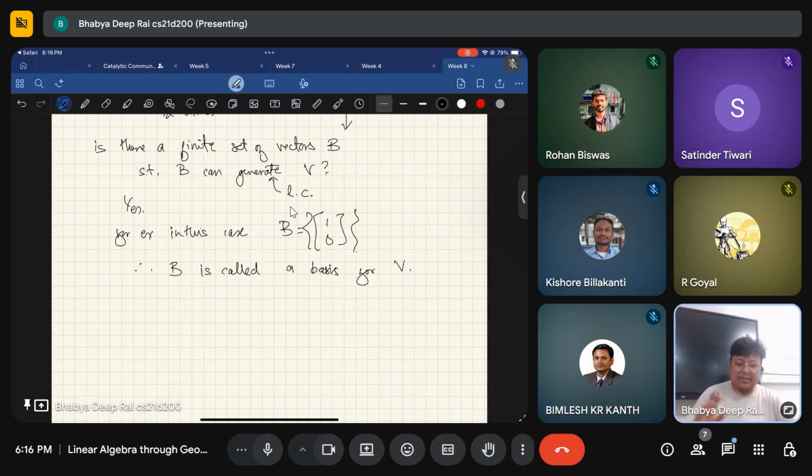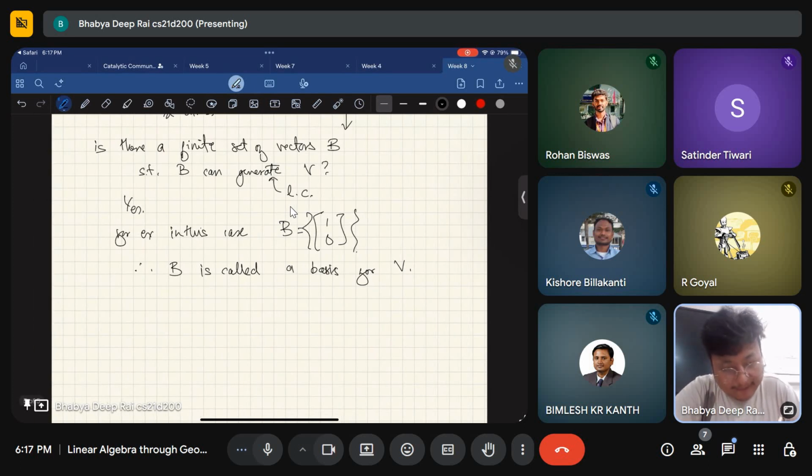But the actual definition of basis, we are not just happy to have a finite set. We want a minimum set, minimum size set. So what do you mean by minimum size set?